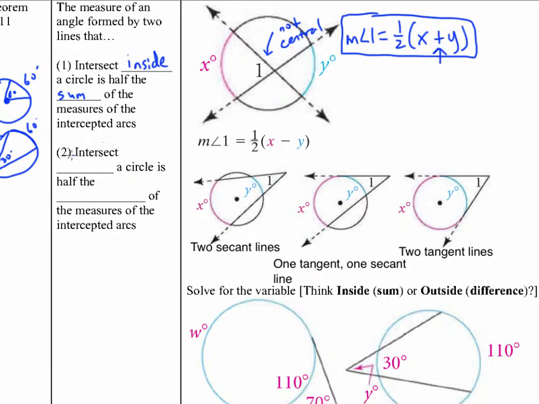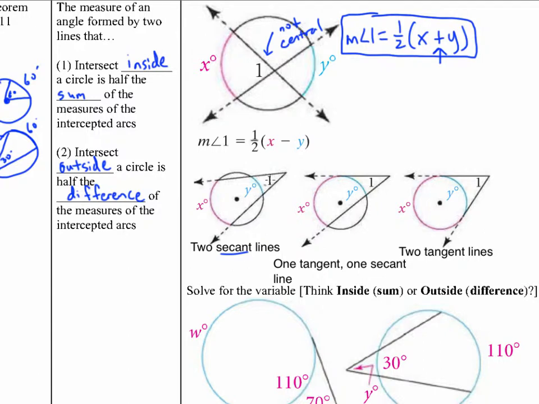On the other hand, if we have something that intersects outside a circle, it is going to be half of the difference of the intercepted arcs. And this could be many different cases. You could have two secant lines. Remember, secant lines are the kind that slice through.